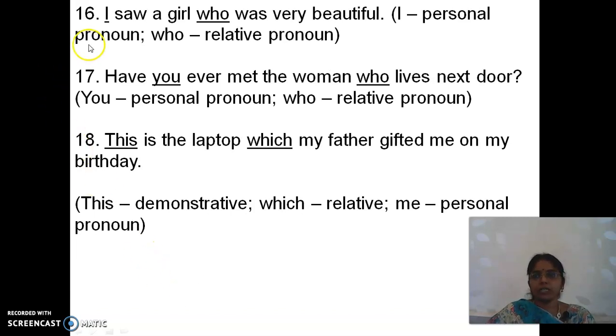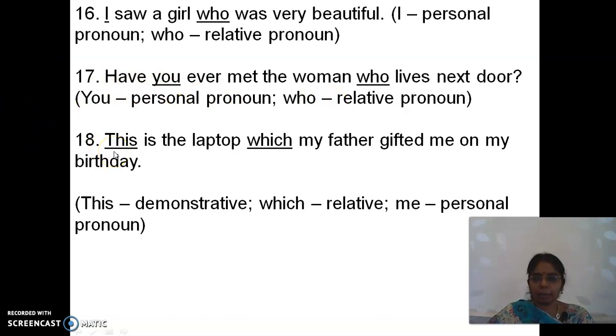One more. 16th question. I saw a girl who was very beautiful. I is personal pronoun and who is relative pronoun. Have you ever met the woman who lives next door? You is personal pronoun and who is a relative pronoun.